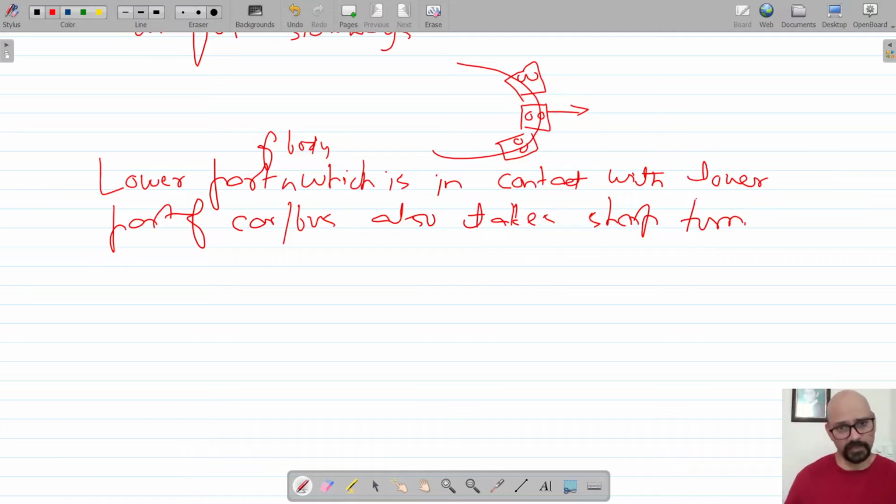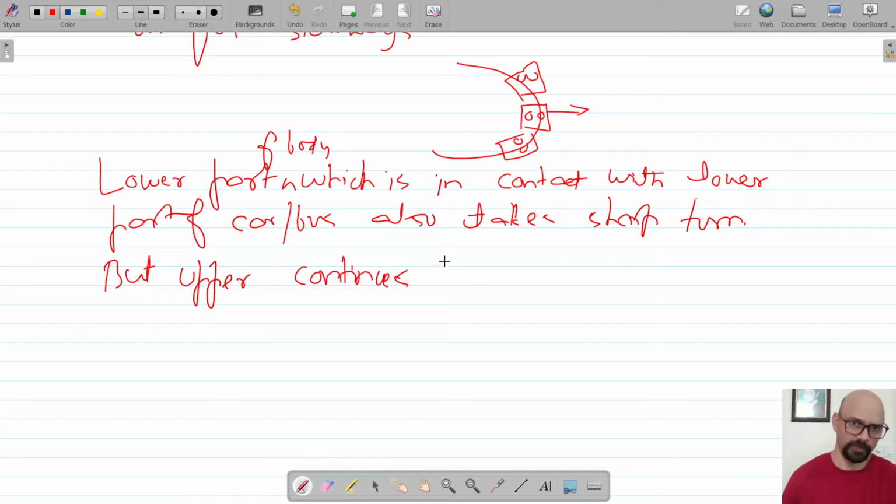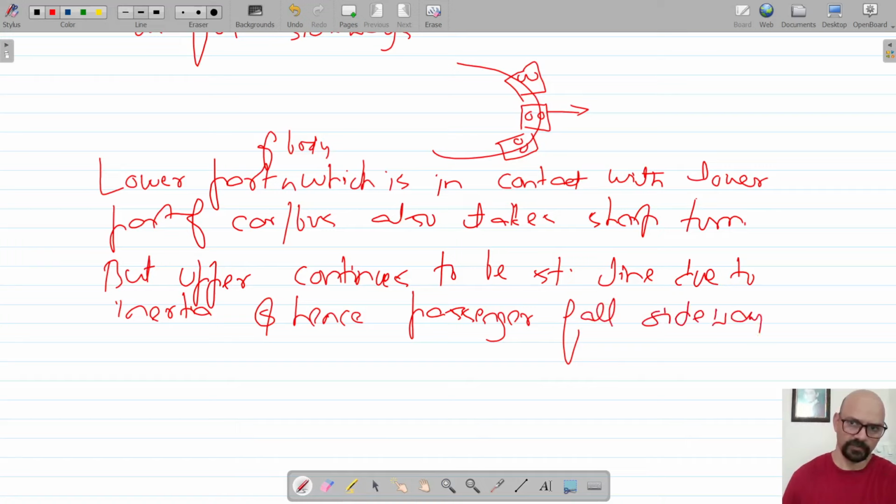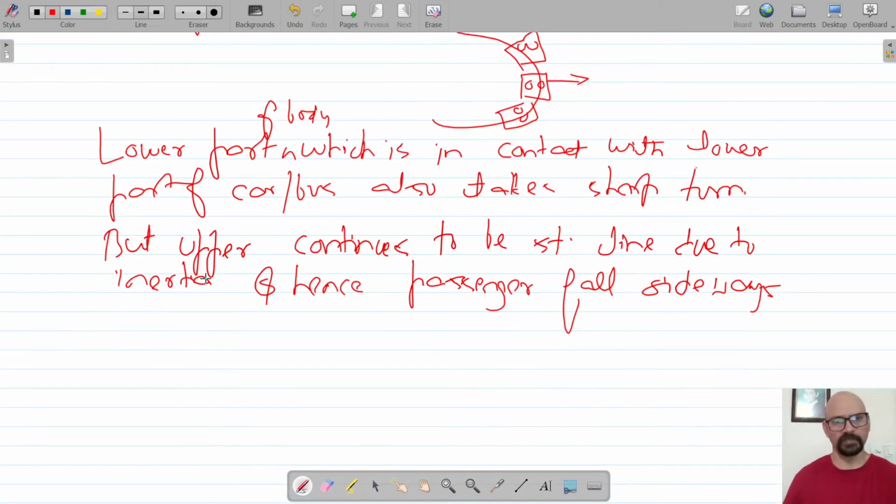But the upper part is still moving in a straight line. Or we can say that the upper part continues to be in a straight line due to inertia, and hence we, or let's say the passenger, fall sideways. This is how you can explain the reason for this.